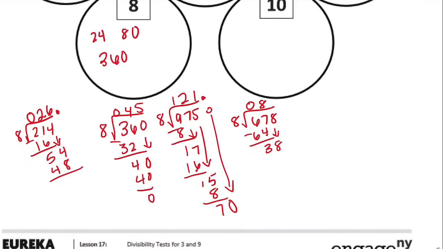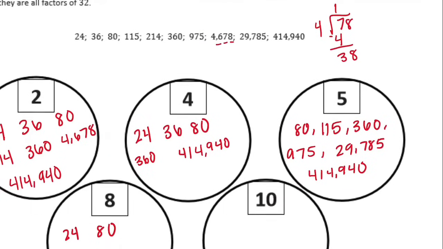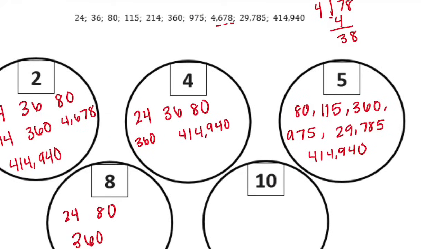See, 8 times 5 is 40, so it can only go in 4 times. That's 32. We have 6, and I have to keep going. I'm going to have a remainder, so it cannot go into that evenly.